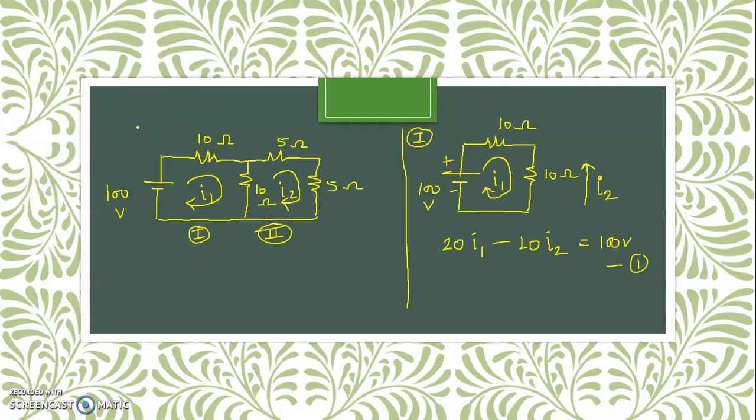Okay. Now consider loop number 2. What is there in loop number 2? Let us take 5, 5 and 10. So 5 ohm resistance, 5 ohm resistance, and here this 10 ohm resistance. These three resistances are connected in the second loop.